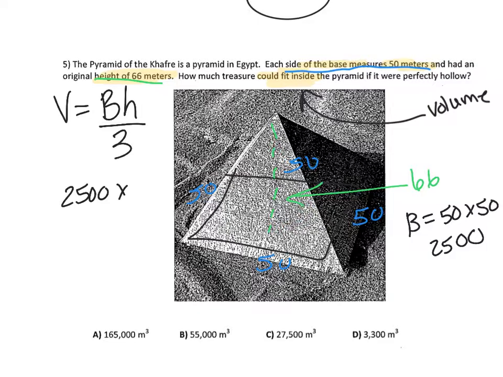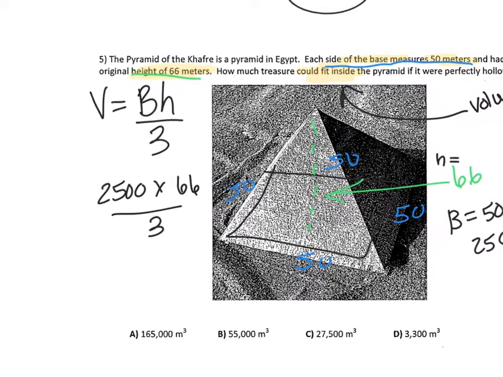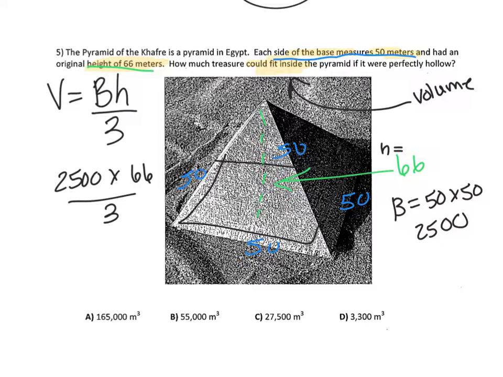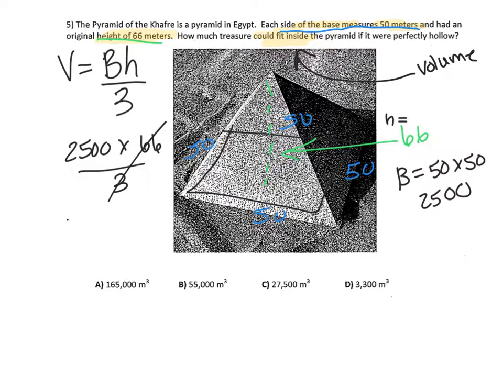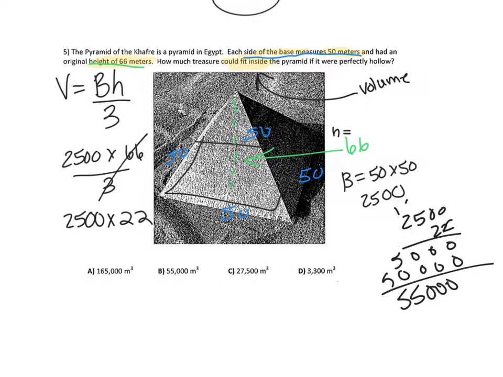So 2,500 times the height of 66, divided by 3. Since you're going to end up dividing by 3 anyway, you can take 66 and divide that by 3 first. That would just be 22. That saves a lot of time, especially with these gigantic numbers. So it should be, oh wait, that's A. We got B. Yeah, but you divide.